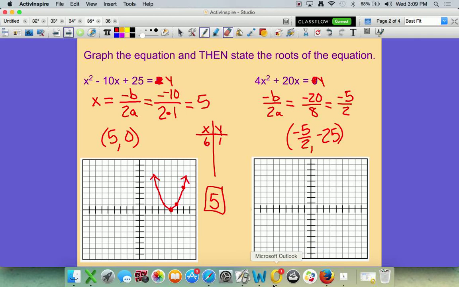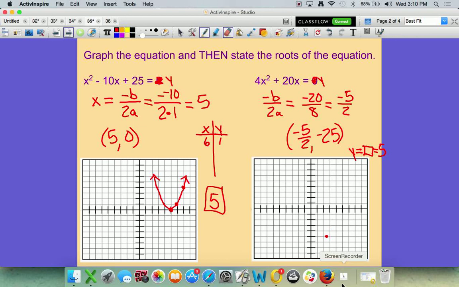Alright, so how do we graph that? Well, for my y, I'm going to make each box worth 5 so I can get it on there. Okay, and then for x, I'm just going to make it worth 1. So, over 2.5, down 5.